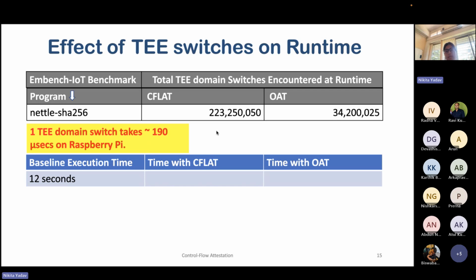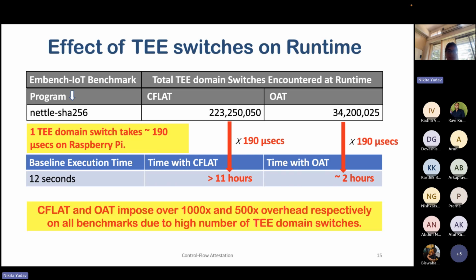If we calculate the time when the program is run with C-FLAT by multiplying the domain switches with the 190 microsecond overhead per domain switch, we find that with C-FLAT, the same program which ran in 12 seconds now runs in over 11 hours. And with OAT, the same program runs in roughly 2 hours.